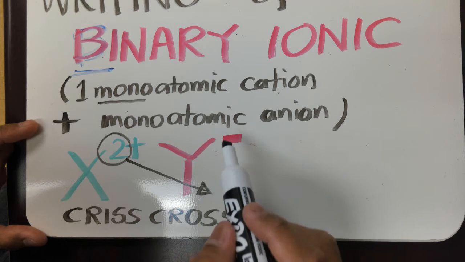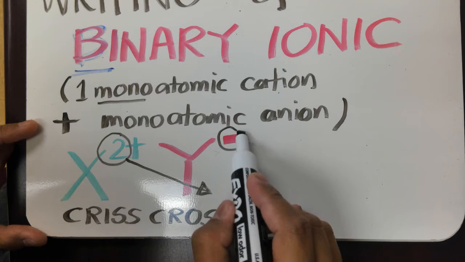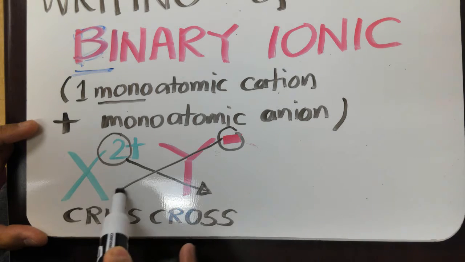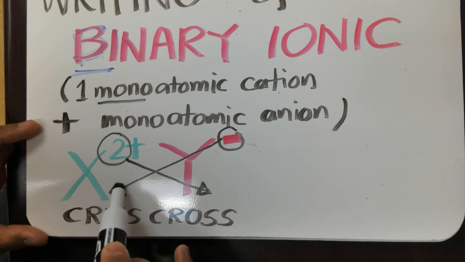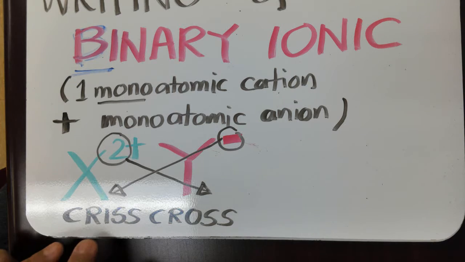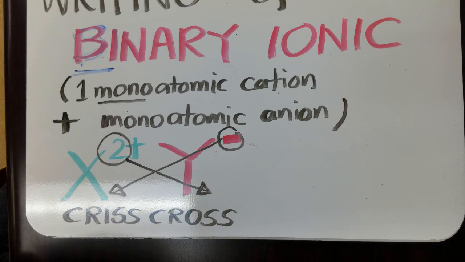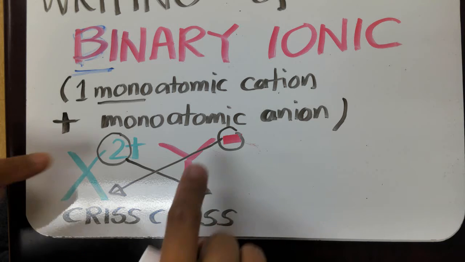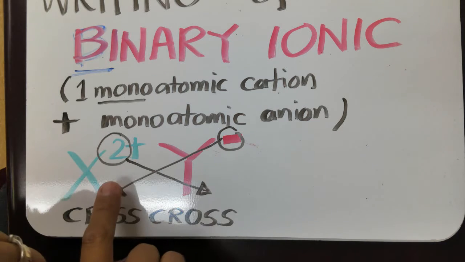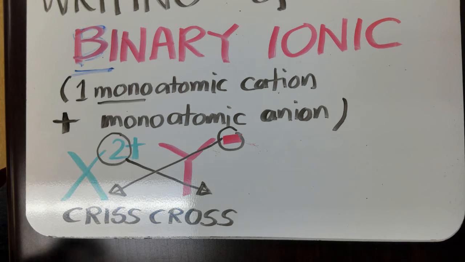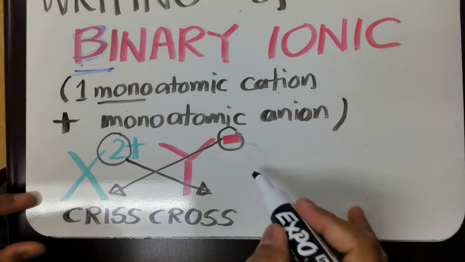Then for the negative, I'll just encircle that, but that means 1, and it will go to x as a subscript of x. So basically, crisscross is switching over the numerical values of the oxidation numbers and making them the subscript of the other element.